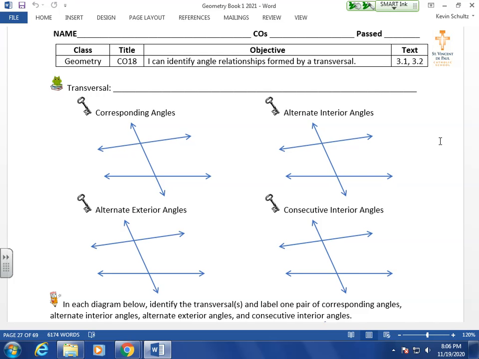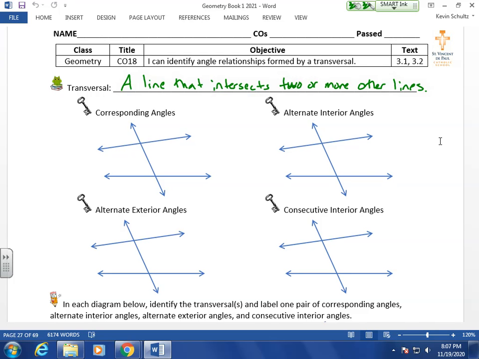And a transversal is a line that intersects two or more other lines. A transversal is a line that intersects two or more other lines.